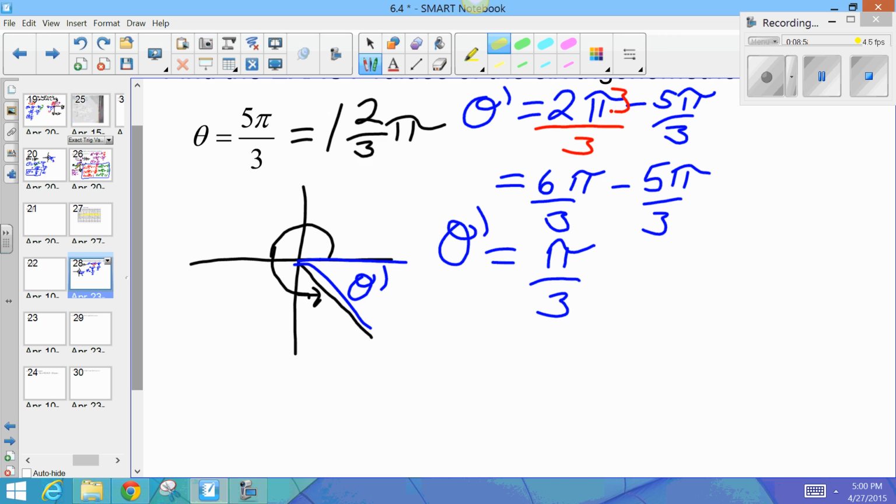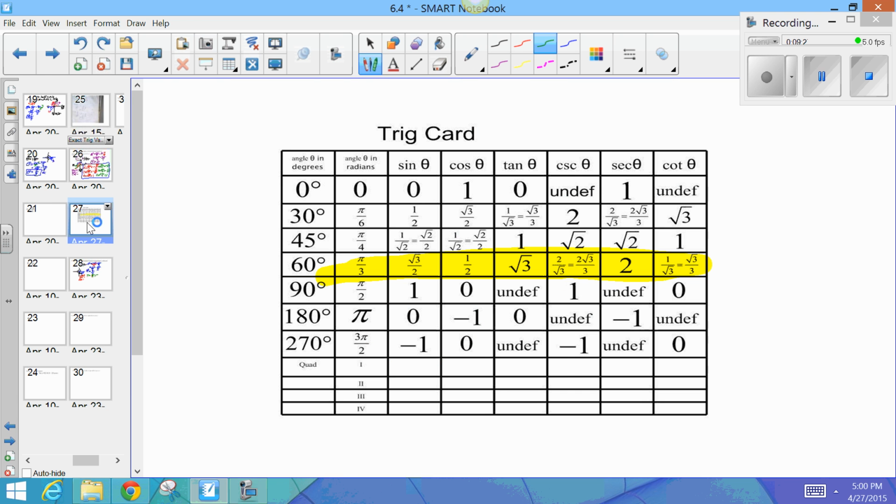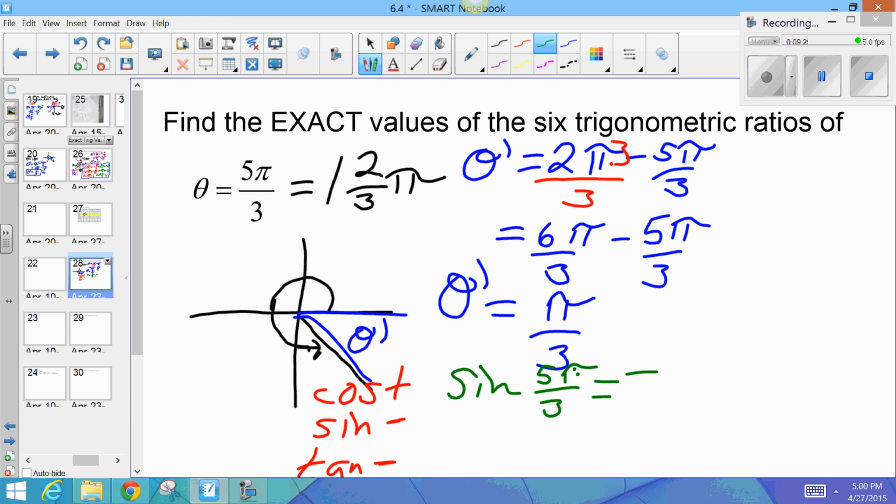Before I do that, let me also consider the signs. All students take calculus. Cosine is positive in quadrant 4, which means sine is negative and tangent is negative. So here we go. The sine of 5 pi over 3 equals, the sign is going to be negative, so negative square root of 3 over 2.